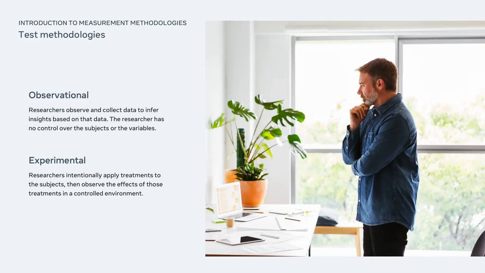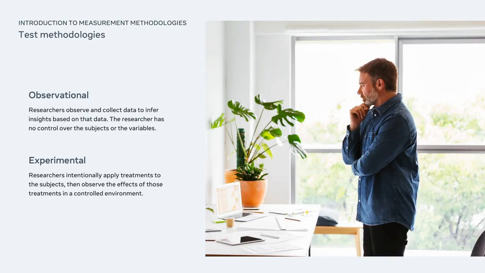In advertising, this means that the researcher observes the effect an ad has on sales, for instance, or conversions, with no influence over who has or hasn't been exposed to the ads. Marketers may rely on observational methods because they didn't have the resources or foresight to use an experiment.